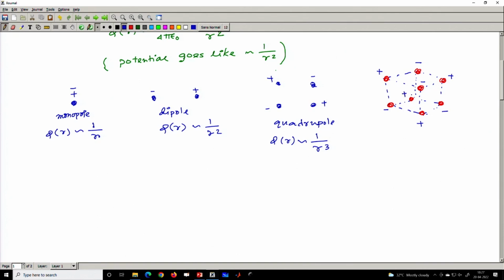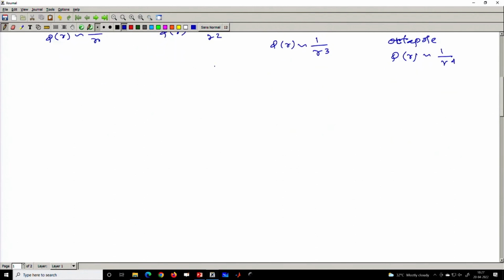This is the charge distribution we can have, and this is called an octupole, where the potential changes like r to the power 4. So, different kinds of charge systems you can consider, and this is the way the potential changes.